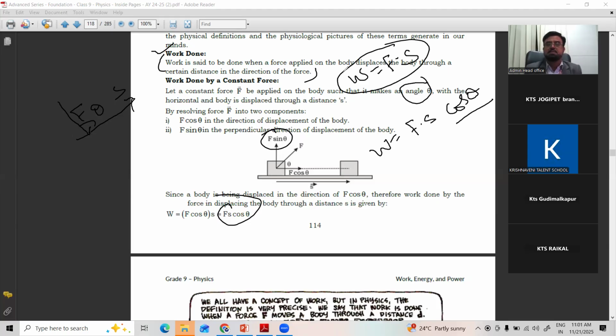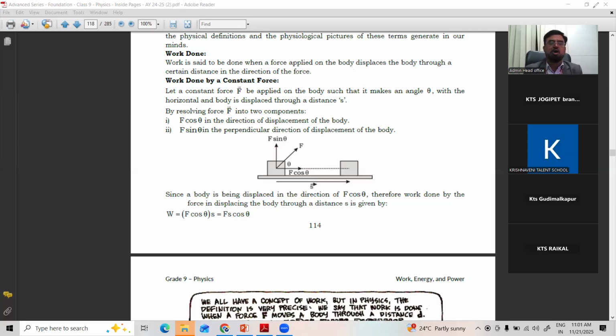But in case the direction of application of force makes an angle theta with the direction of displacement, in such a case it is given by Fs cos theta. Later we will discuss many examples for both cases, right? So those are the two formulas for work done.